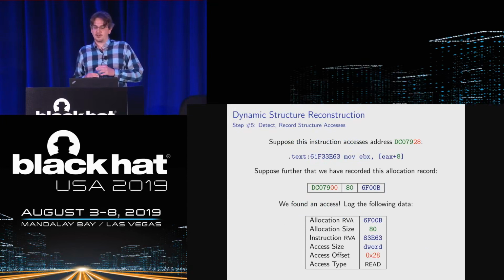And we look that address up in the map, and we find that we have that same address ending in 00 with the size of 80 hexadecimal having been allocated at that RVA. So now we just log the details of that access: where the allocation came from, how big the allocation was, where the instruction that accessed it was, how big the access was, where within the structure it was accessing, and was it a read or a write?